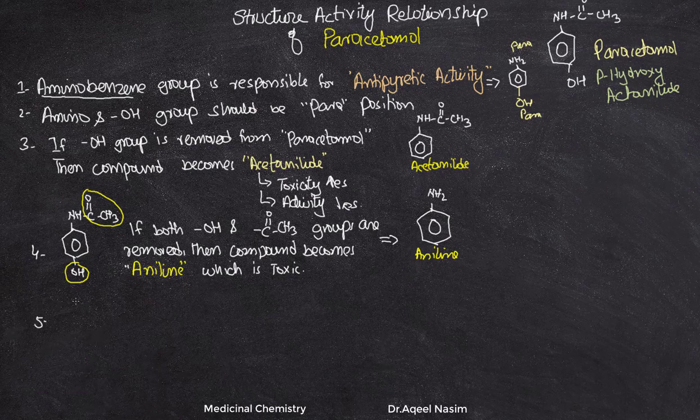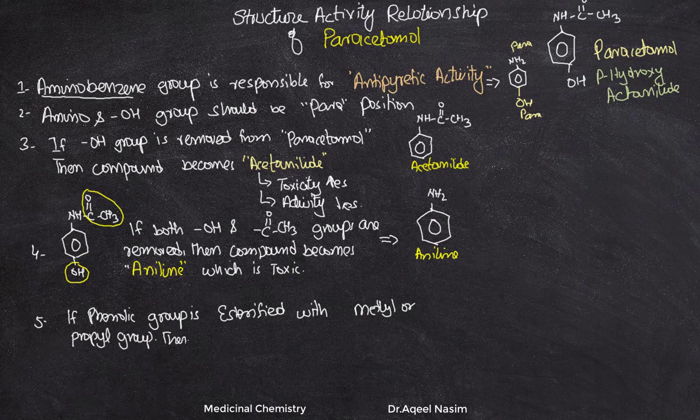The next SAR is if the phenolic group, the hydroxyl group, is etherified with a methyl or propyl group, then toxicity will be increased and activity will be decreased. Remember it: phenacetin will be formed if we etherify the phenol of the benzene ring like this.